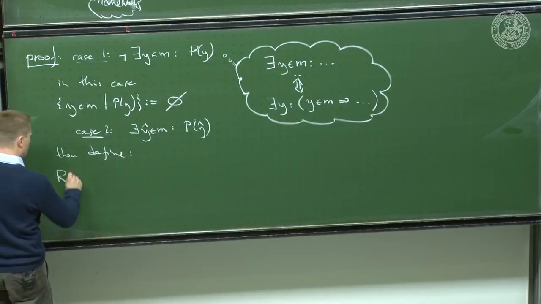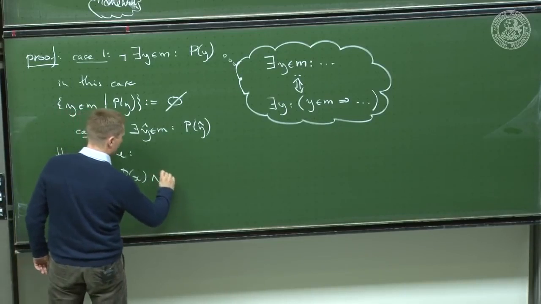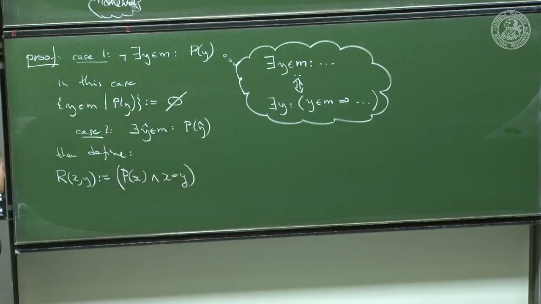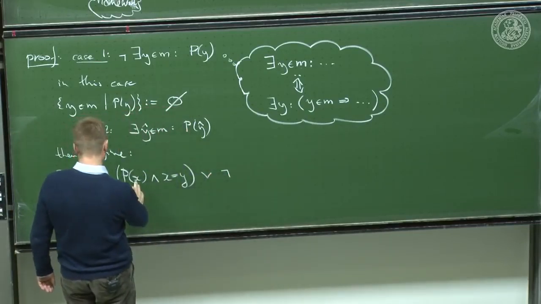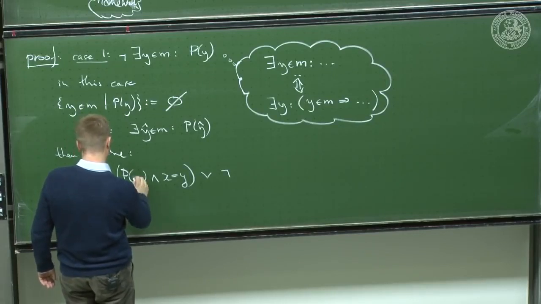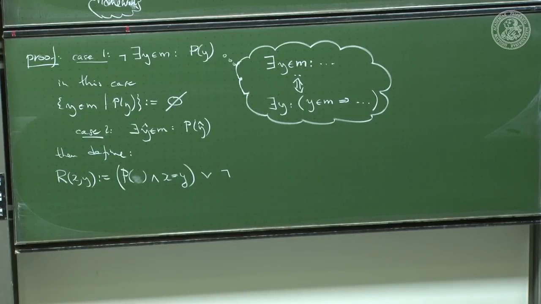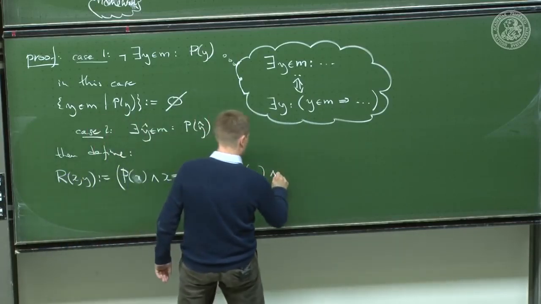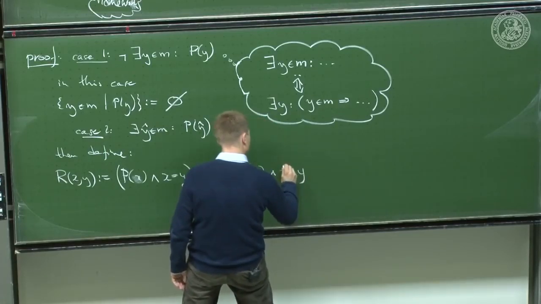And then define, well, if we want to relate to the axiom of replacement, we better construct a functional relation. We define the functional relation R of x, y as: P of x and x equals y, or not P of x and y equals y hat.